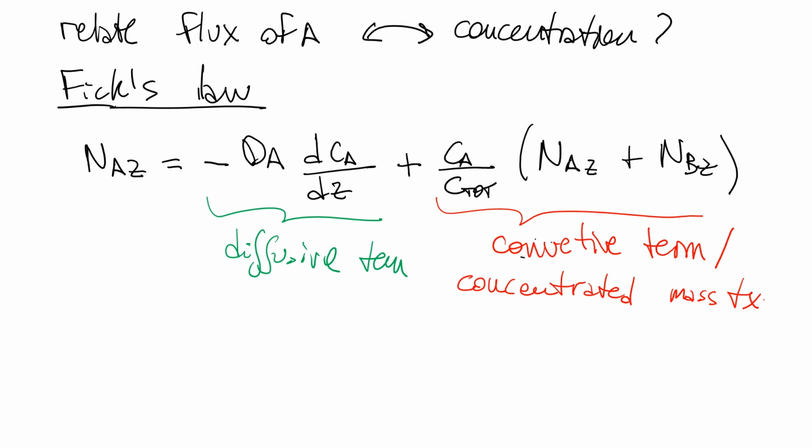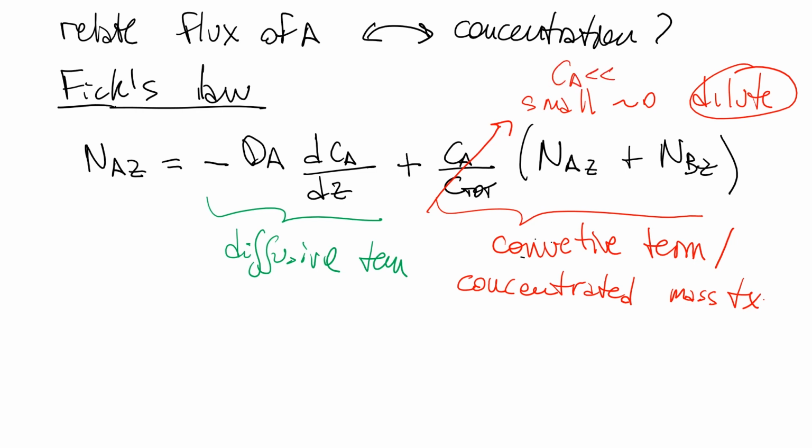And in this case, we can ignore this term on the right because essentially this is small. So it's basically 0 because it's dilute. So that's one of the assumptions that we made in the beginning. And this means that basically CA is much smaller than C total. And so relative to C total, the total concentration, we can ignore it.